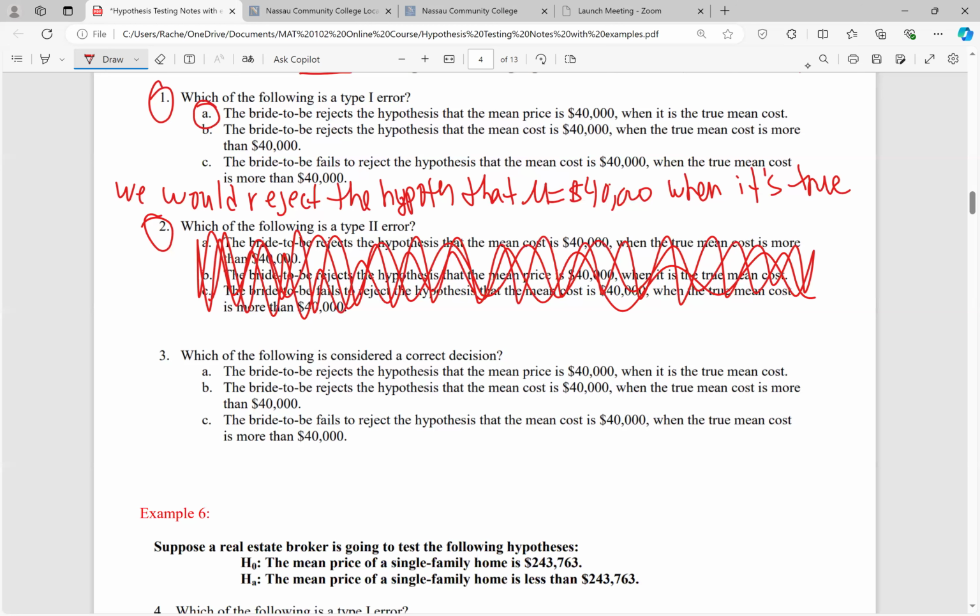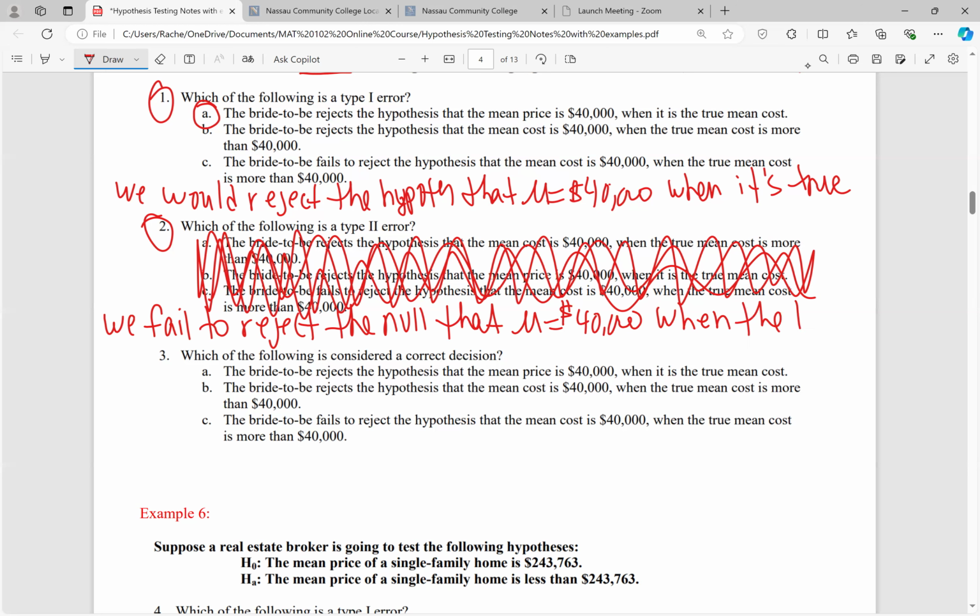And so what we would do is we would fail to reject the null that the mean is equal to 40,000 when that's false, meaning when the true mean cost is more than 40,000.